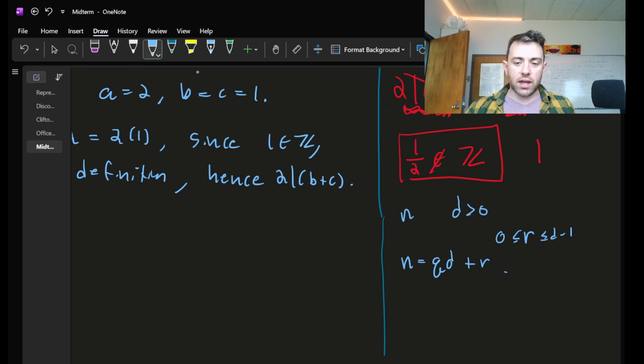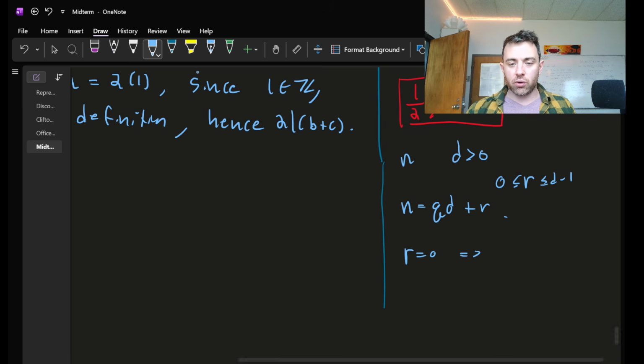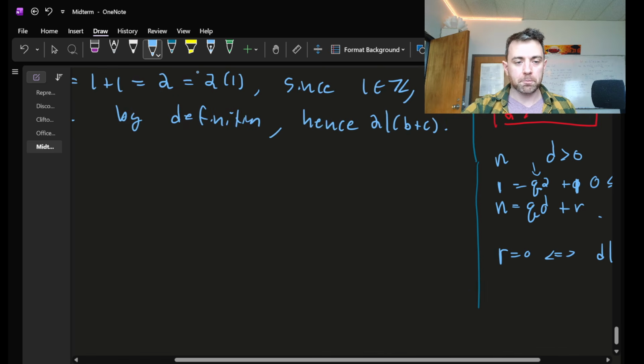And in fact, we also proved in class that the remainder is equal to 0 if and only if d divides n. So all we need to do is exhibit this number that we're claiming, which is 1 in this case, which is not divisible by 2, as q times 2 plus a remainder of something which is not equal to 0, right?